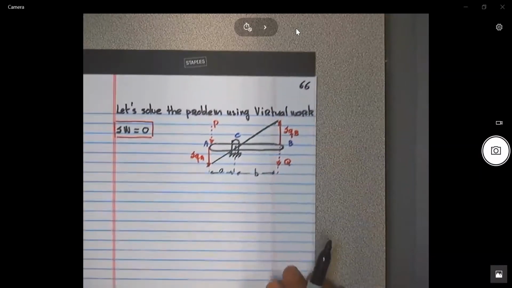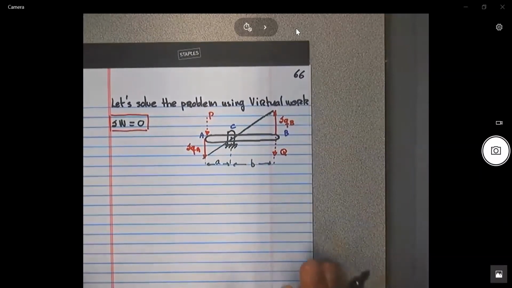Okay, now just a reminder: work is force times distance. Generally the sign convention for work is that if you push a table forward and the table is moving forward, that's positive work. But if you're going uphill and you push the table forward, but you end up going backwards, the work would be negative.